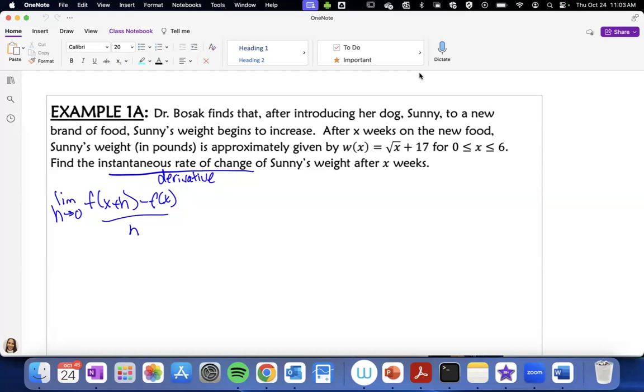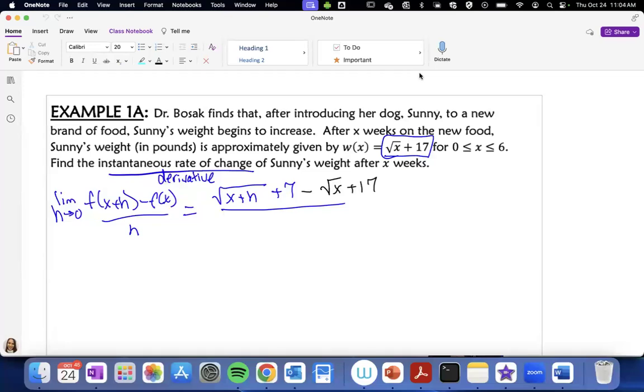Let's plug in all of the values. We did the legwork the other day, and now we're just going to apply it. So here's our equation, and we're going to do x plus h here, plus 17. That's f of x plus h. Minus f of x. I'm going to write something and ask what I did wrong.